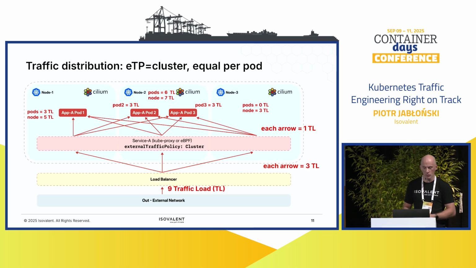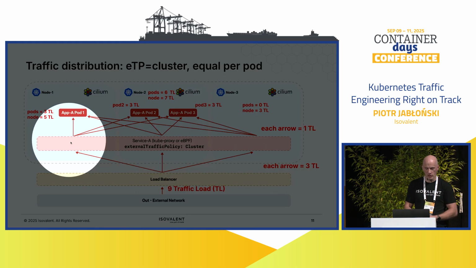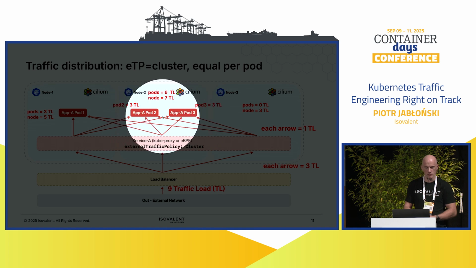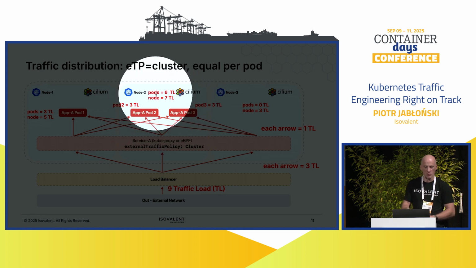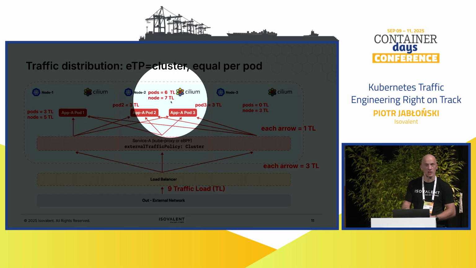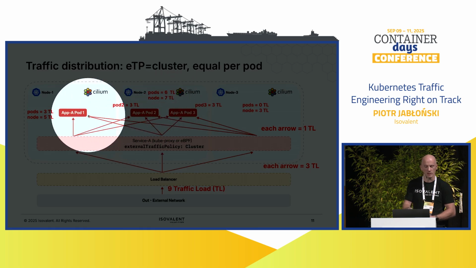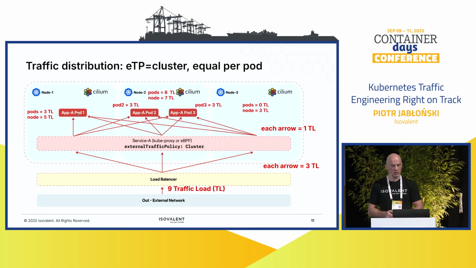Why not per node? Because let's say on node number 2, we have 2 pods, and the overall traffic coming to node number 2 is equal to 7 traffic load units. And 1 traffic load unit is passing through the different pod through this node number 2. Why am I discussing this?